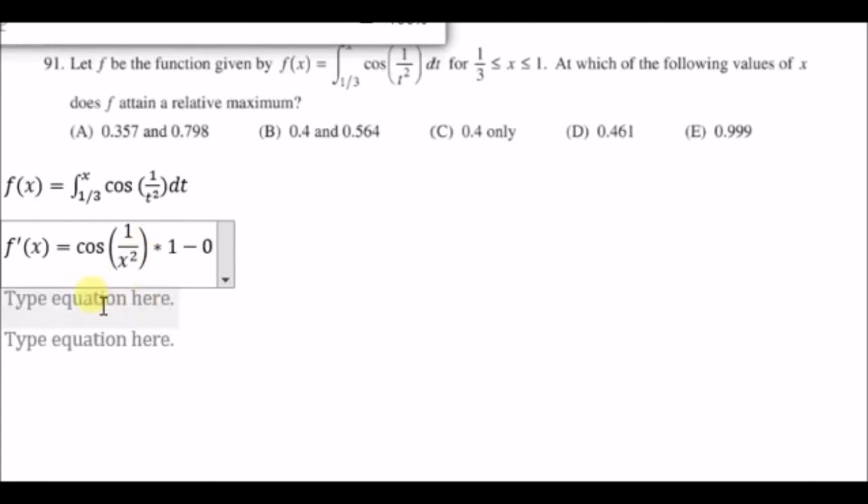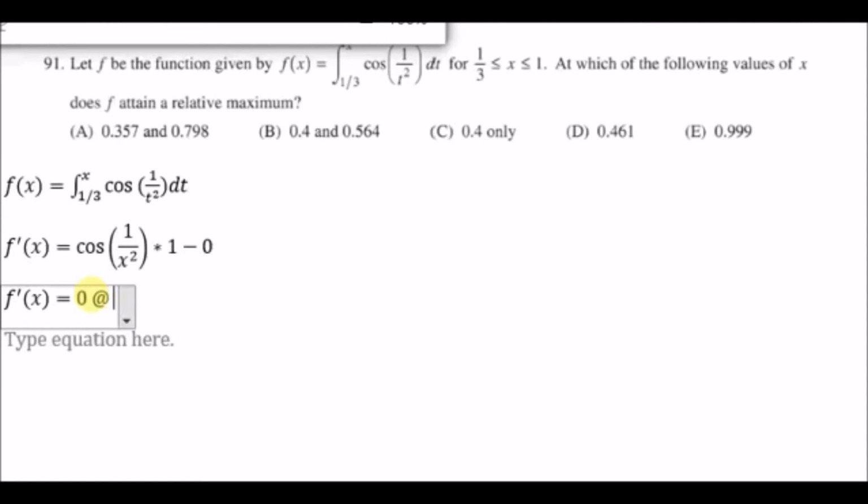So let me just write the setup in here. F prime of x equals 0 at, let's see, cosine of 1 over x squared.